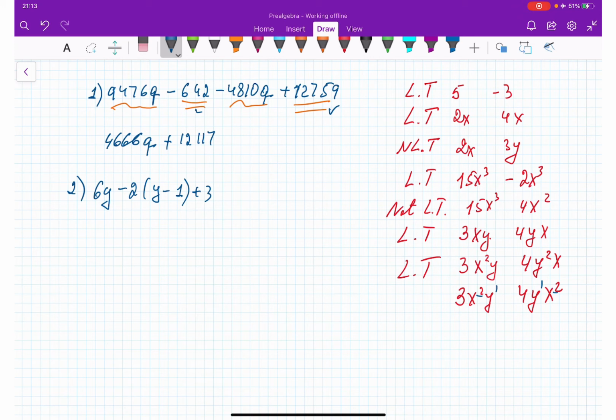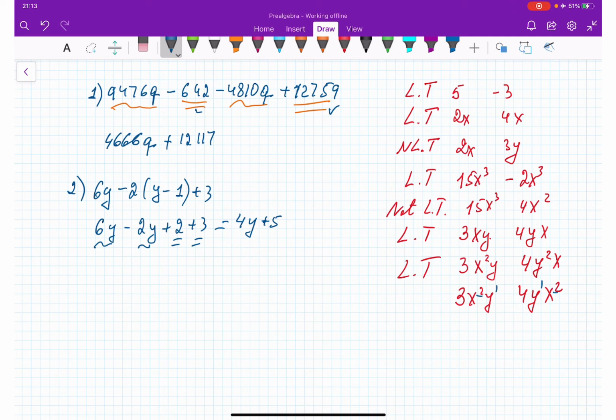Okay, so we need to distribute this 2. It's going to be 6y minus 2y, and negative times negative is plus 2, plus 3. Let's see like terms: this with this, and 2 and 3. 6y minus 2y is 4y, and 2 plus 3 is 5.